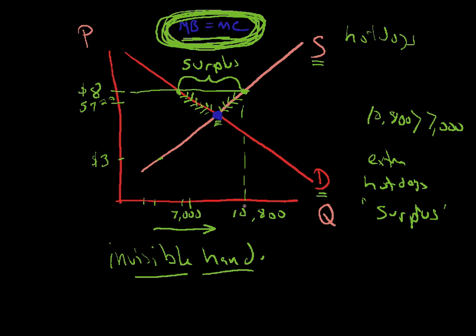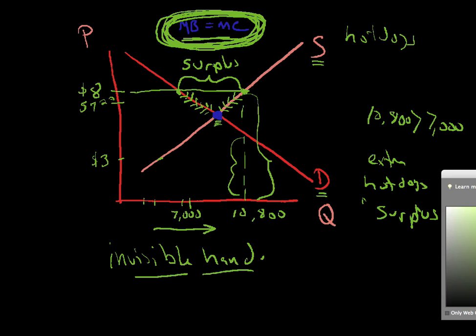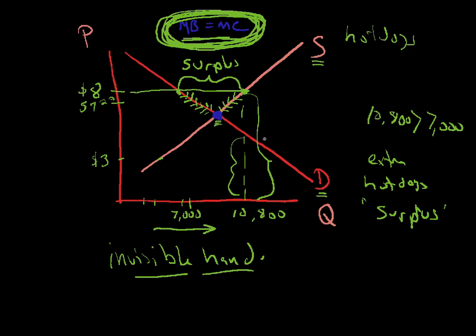Because what about this production level here? If they make this production level, what have we got? We've got something produced where costs are really high and the benefit is really low. That's not something we want. So we end up lowering the price, ending up back at allocative efficiency.